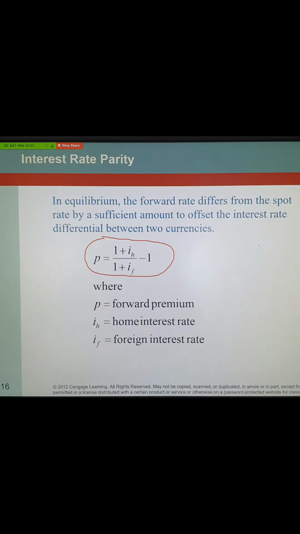Before I end this class, let's discuss this first: interest rate arbitrage and interest rate parity. Interest rate parity is discussing the relationship between forward premiums and interest rates. What is a forward premium? A forward premium is when the rate of one currency is higher than another.